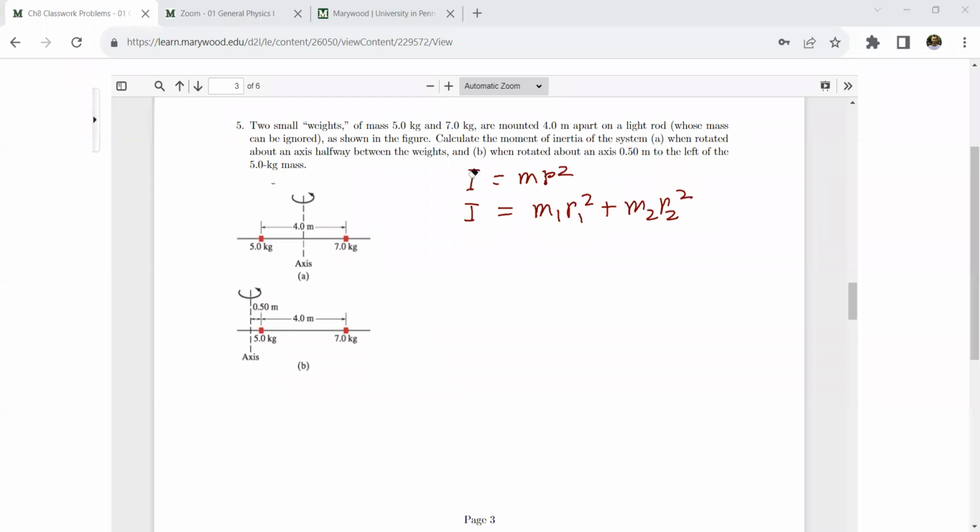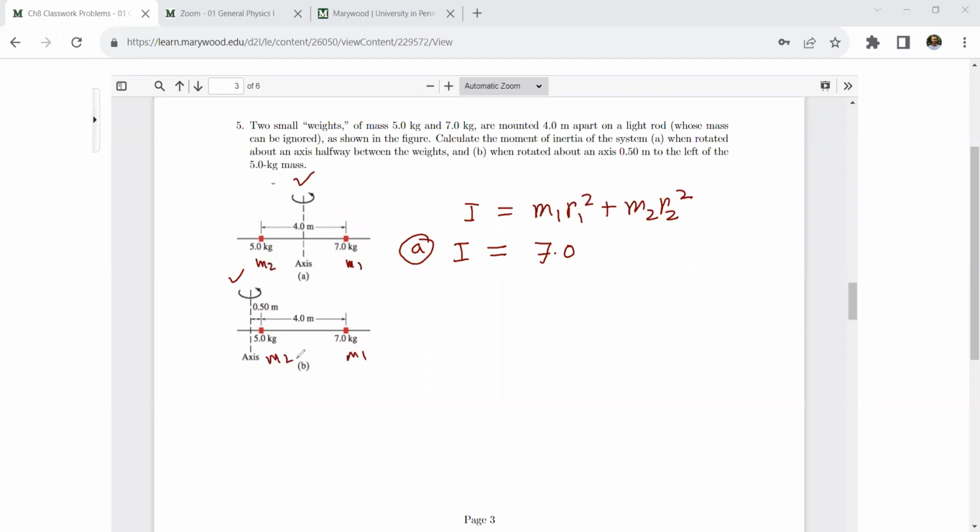So then we have to determine I for two different orientations, two different axes of rotation. For the first one, this is the axis of rotation, and for the second one, this is the axis of rotation. Okay, so let's try to determine this. So for the first one, I equal to, so let me call this object M1, and this is M2.